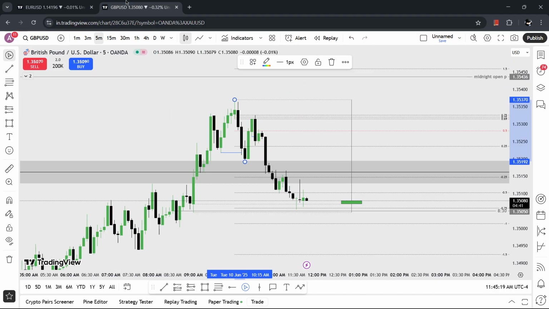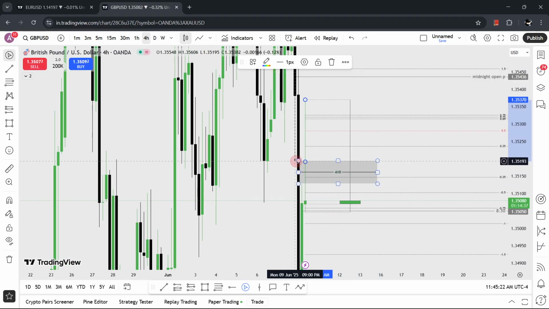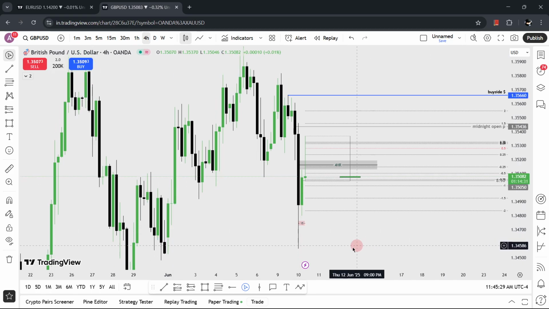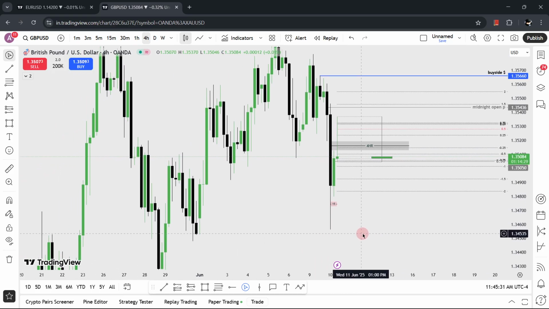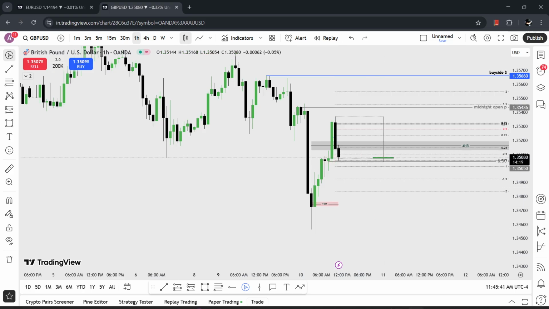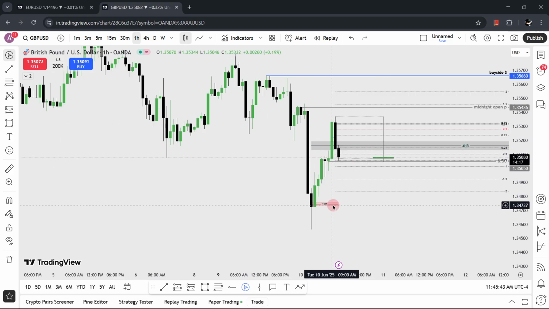And there is a 4 hour fair value gap in GU. I think this 4 hour fair value gap got respected. And coming to the morning session, that is the London session, one second, I will just remove these things.